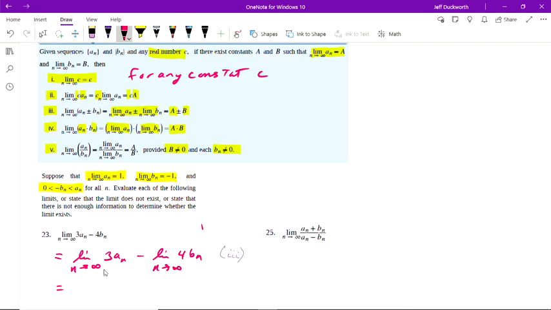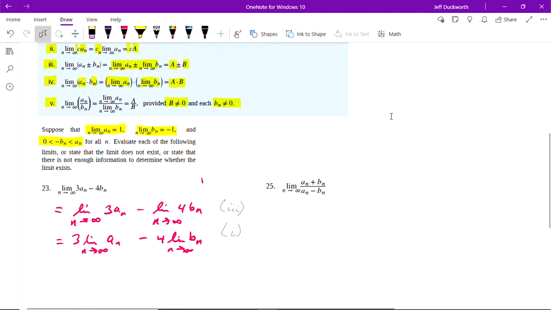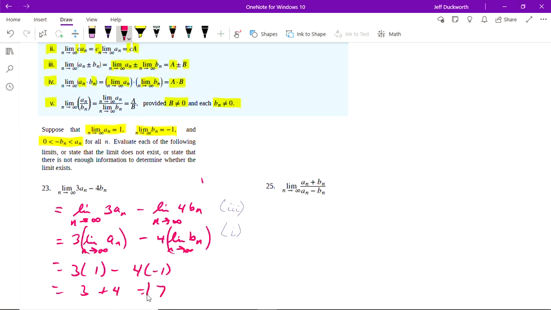Now this equals, I can use number 2 to bring the constants out. That's 3 times the limit as n approaches infinity of an minus 4 times the other limit, bn. I can then just substitute in for what those limits are. That means we have 3 times 1 minus 4 times negative 1, which is 3 plus 4, which is 7.